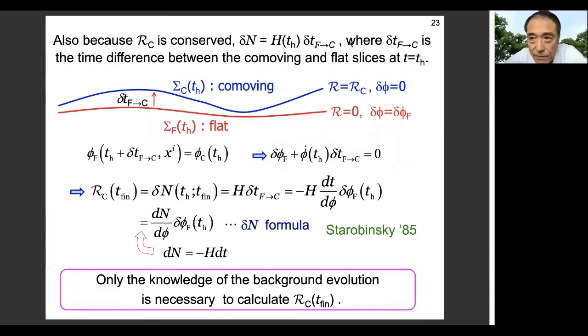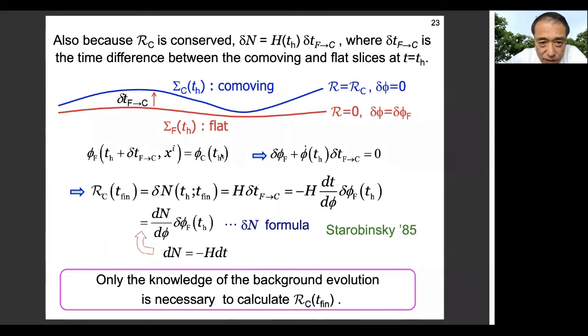Any questions? No, it's okay. All right. So if you add this delta t to the flat slicing t constant slice, then you should end up with delta phi equals 0.